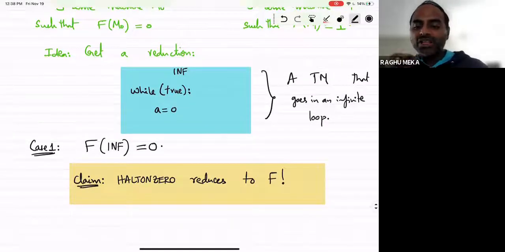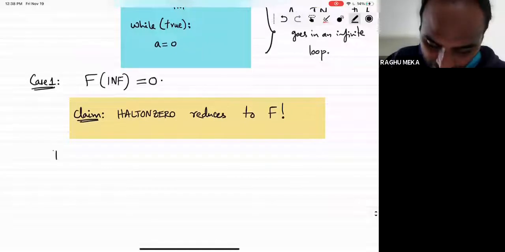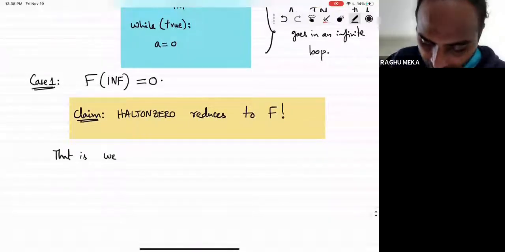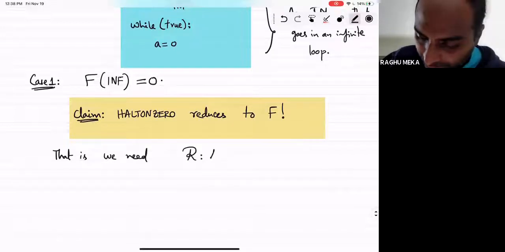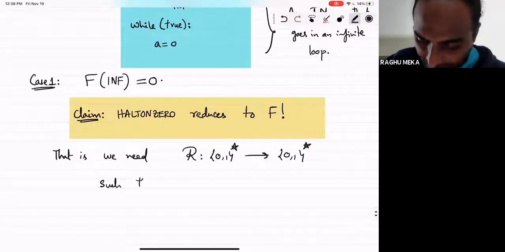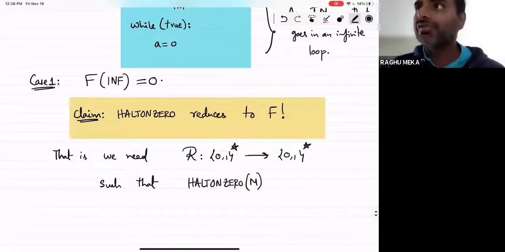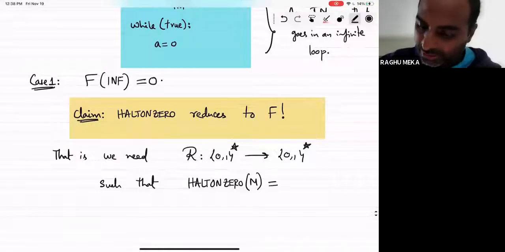In this case, we can reduce halt on 0 to F. Okay. What does this mean? That is, we need a reduction R such that for any Turing machine M, halt on 0 of M should equal F of R of M.